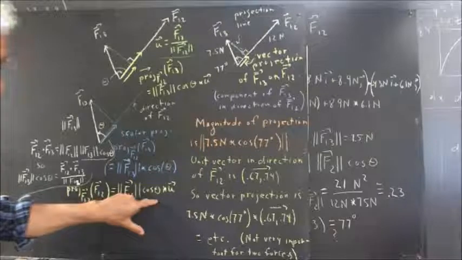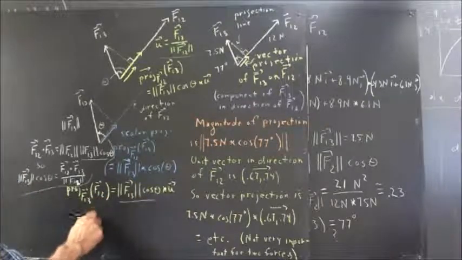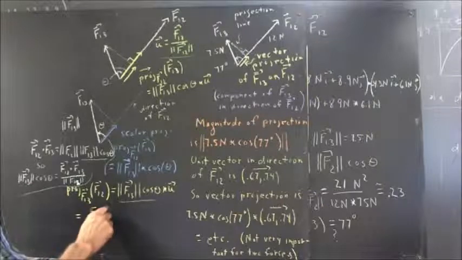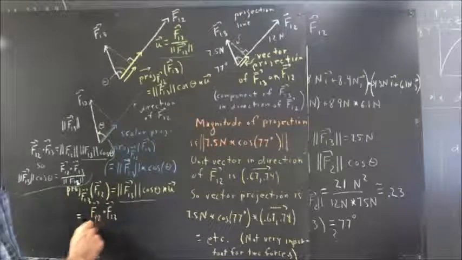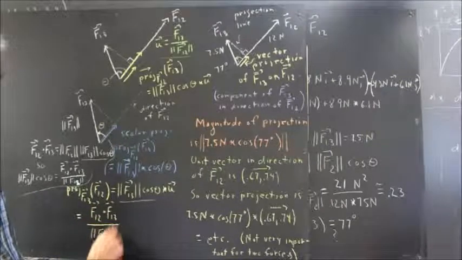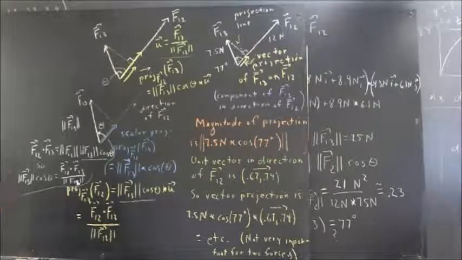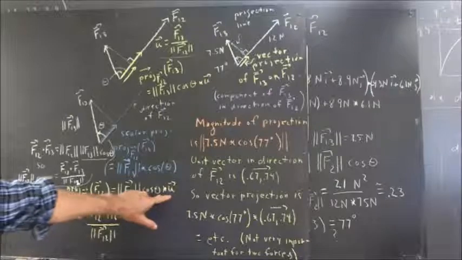So, well, that means then that this part of our expression becomes F12 dot F13 divided by the magnitude of F12. So we've taken care of this. What about our unit vector?